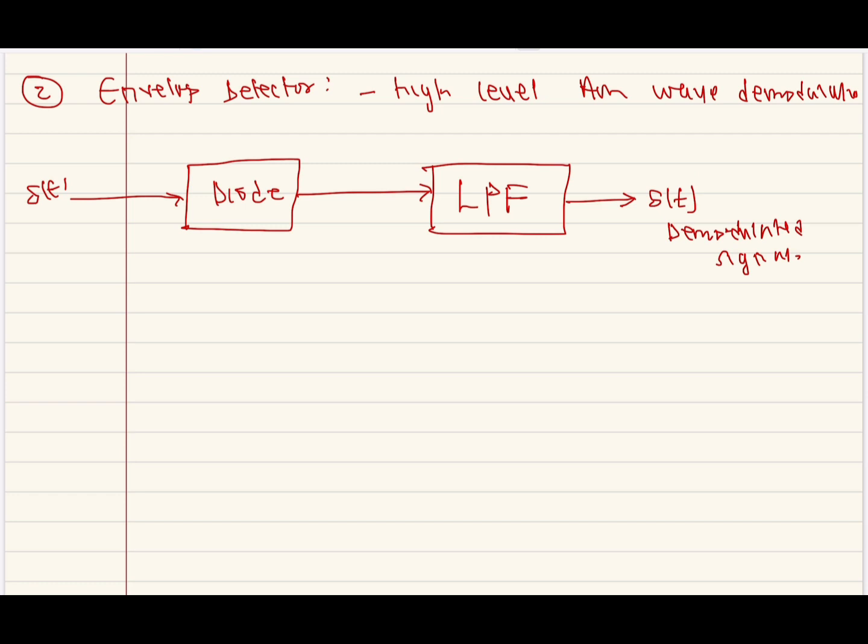So the AM wave, which is the input over here, is applied as an input to the diode, which is the detector, which is our demodulator. And at the end of the day, we are going to get an output. Sorry for writing this one here. It's not X of t. This is a modulated signal, and the output is M of t, because we are extracting the message signal. So it works on the same principle as we did for the modulation.